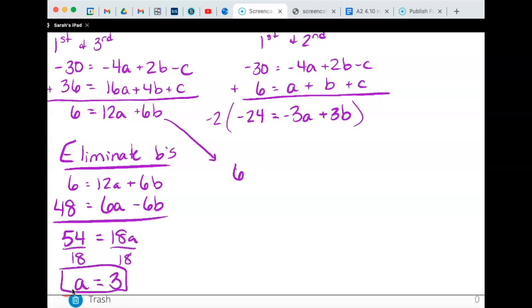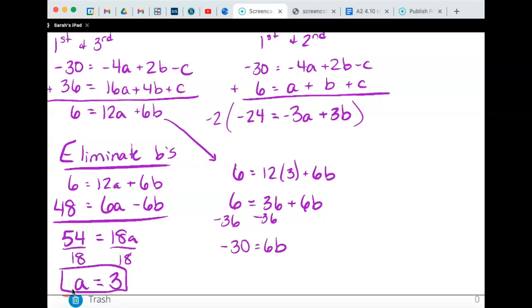So we have 6 equals 12 times 3 plus 6b. 36. -30. So then I have a and b.